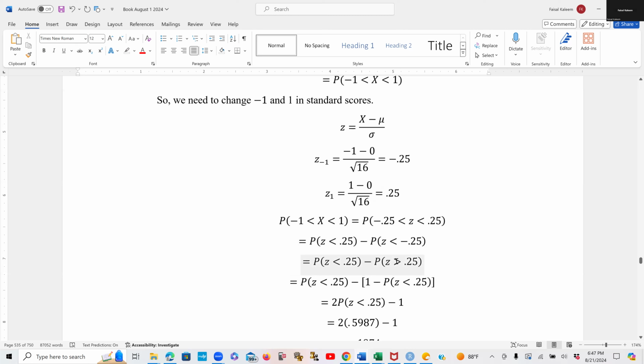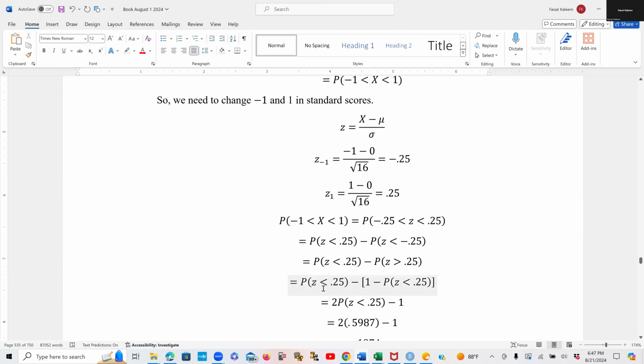And again, the table is cumulative. It goes in the less than direction. So we have to change this greater than into a less than. So Z greater than 0.25 is the complement of less than 0.25. Strictly speaking, this should be less than or equal to 0.25, but in continuous variables, you can be careless and you don't have to worry about whether the equality is included or not.